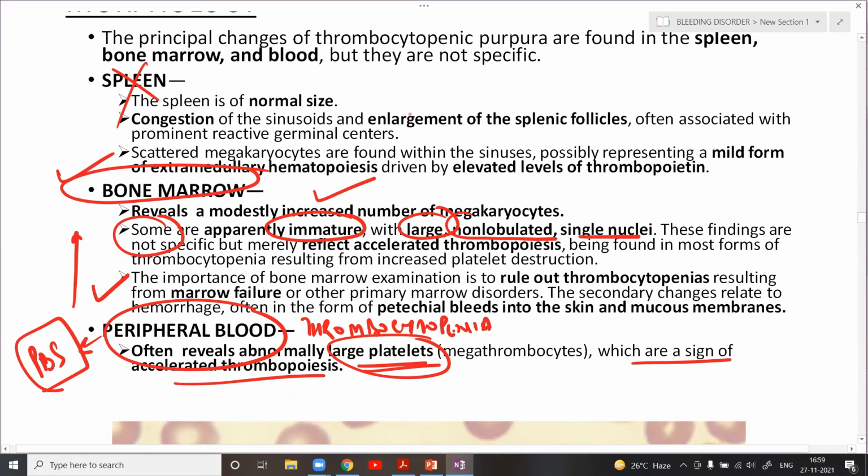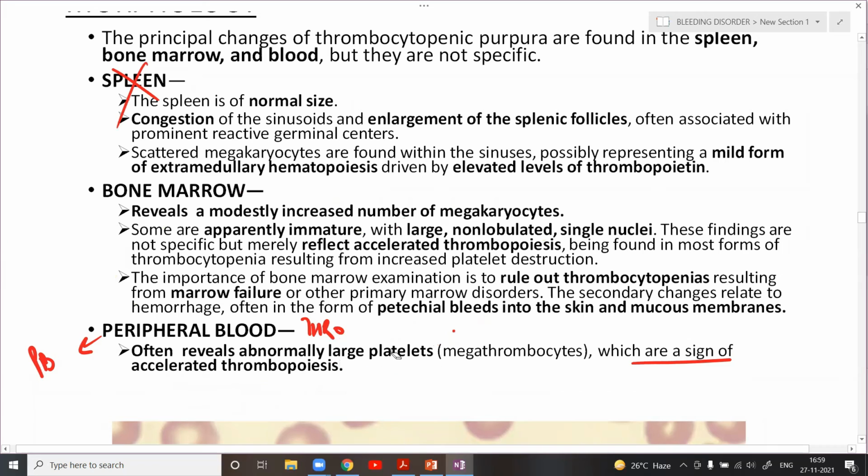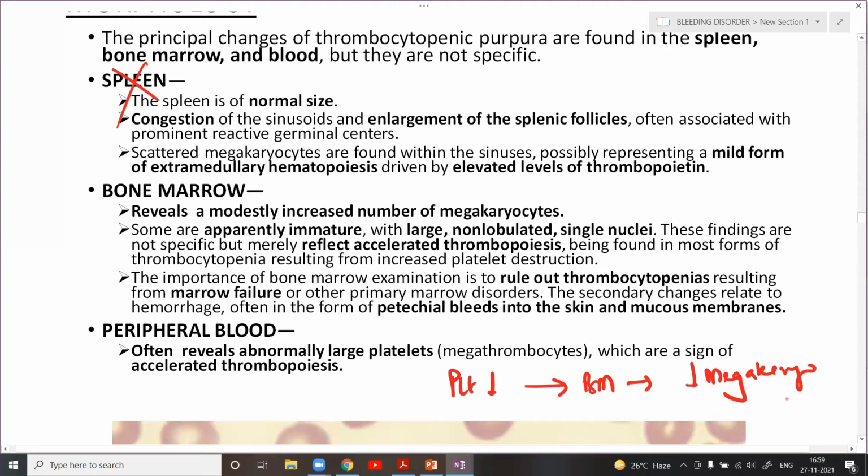Yes. Okay. Now, what is the importance of doing the bone marrow? Now, over here, for example, I did the bone marrow study. And if there is an excessive thrombopoiesis taking place, then it is a case of ITP, I can say. But for example, if there is a decreased platelet count in the peripheral blood smear, and in the bone marrow I see that there is a decreased megakaryopoiesis, okay, so what is the importance of bone marrow?